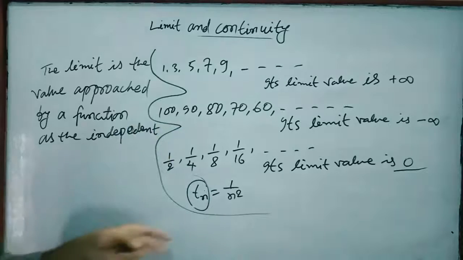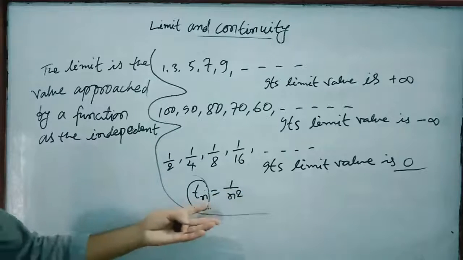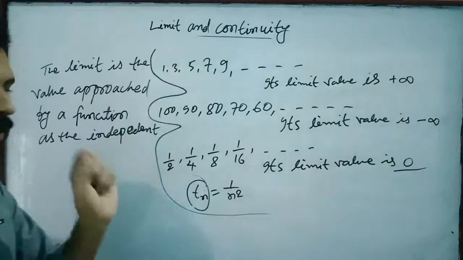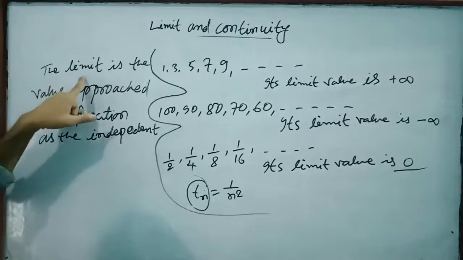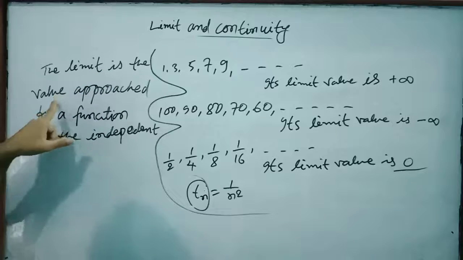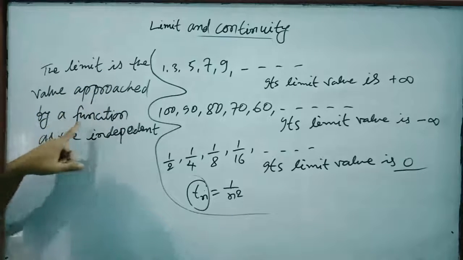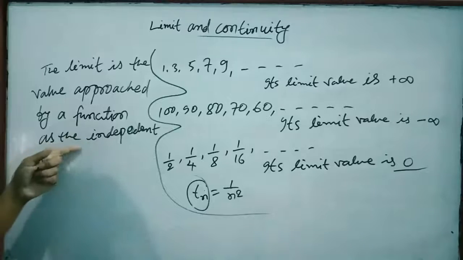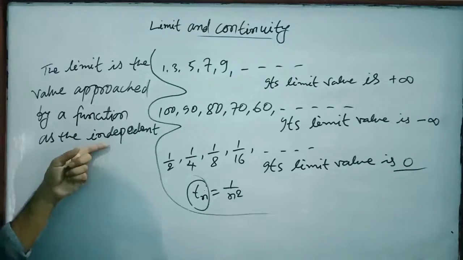Understood? Let's see again. The value of Tn is called the limit value. So the limit is the value approached by a function as the independent variable.